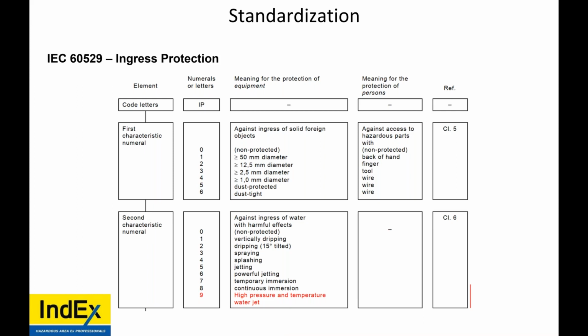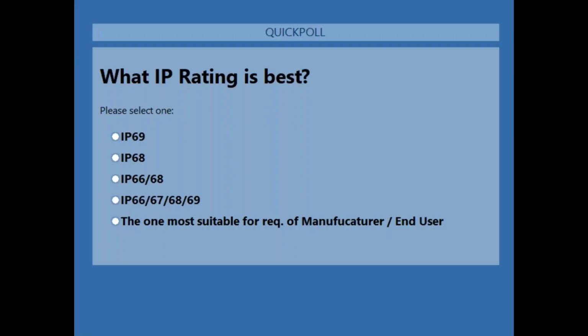Now we're going to do a poll right now. Which IP rating is best? Now, take into account all specifications, standards, requirements that are requested. 44% have voted.